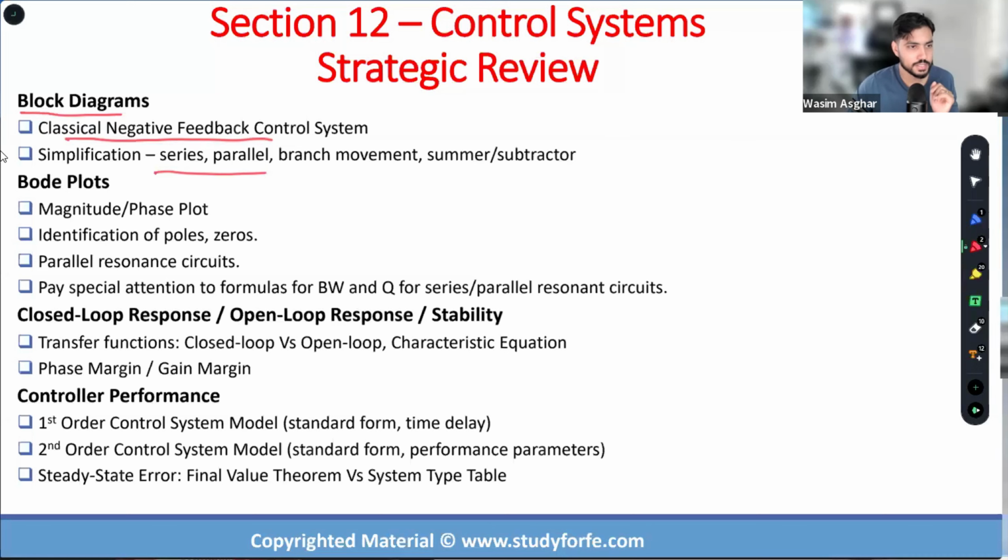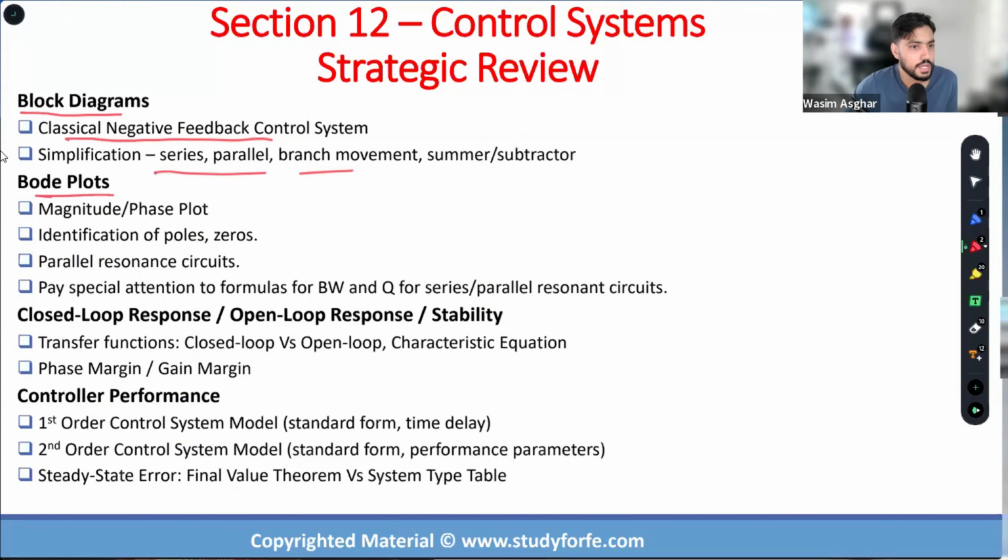So please make sure that the discussion that we've had around series, parallel arrangement, branch movement, summer subtractor, you understand it and are able to apply it properly in order to simplify block diagrams. And the reason why we want to simplify block diagrams is the same reason why we like to simplify digital circuits. It's the same reason why we use Thevenin theorem and Norton theorem to represent an entire mishmash of a lot of different moving pieces as a black box with much simpler elements to deal with.